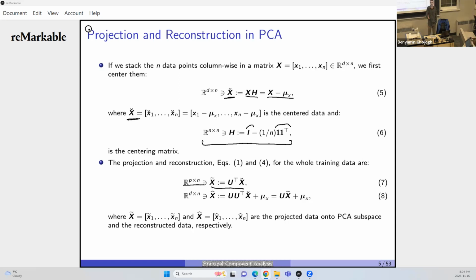For understanding what I'm saying, it's better to see the preliminaries first. And then X hat is U X tilde, plus mu X, we add back the mu X. X tilde are the projected data, and X hat are the reconstructed data.